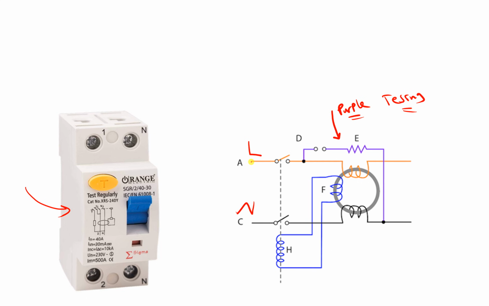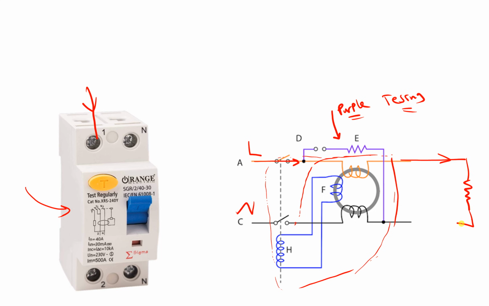Here we have a line entering here, and all of this is inside our breaker, and then this is the line leaving going to the load. And then we have the return path, this path coming back for the neutral, and this is also coming back for the neutral like this.